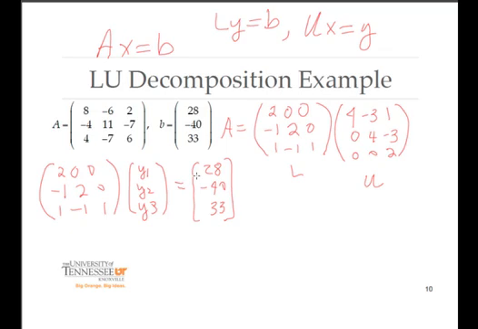Well, you'd have 2 times y1 is equal to 28, and immediately we would know something. You would know that y1 is equal to 14, just dividing through by 2. So we immediately know what the y1 component is.